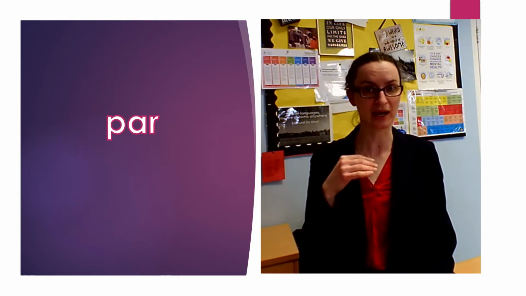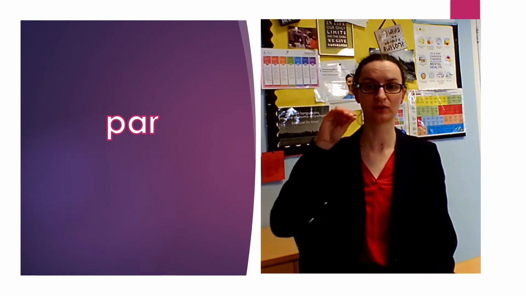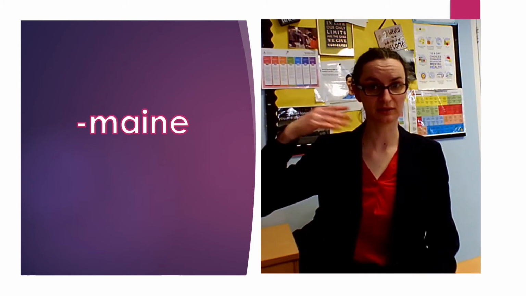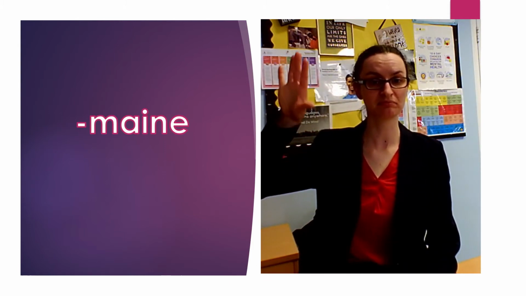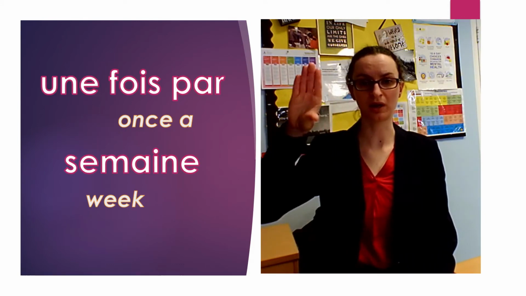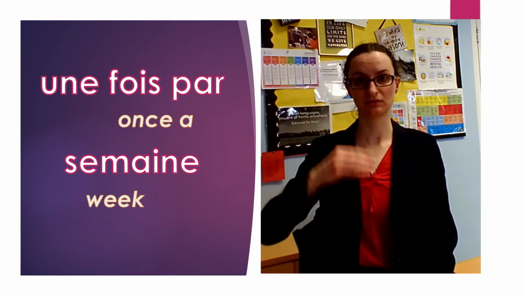Par, again we have this soft, sort of half said R sound at the end, par, so open mouth, and then r. Se, we are back to this soft E sound. Men, like quel. So that gives us une fois par semaine.